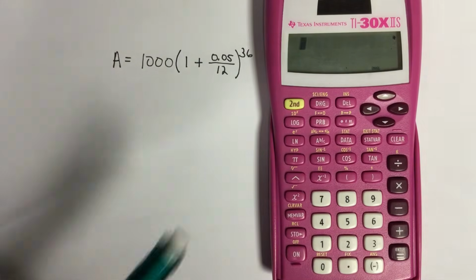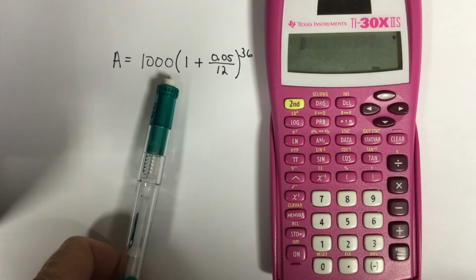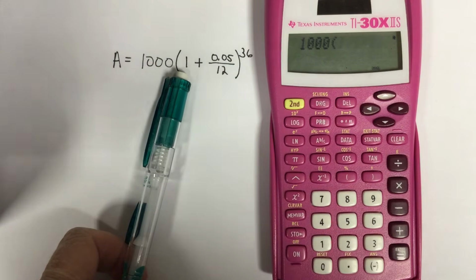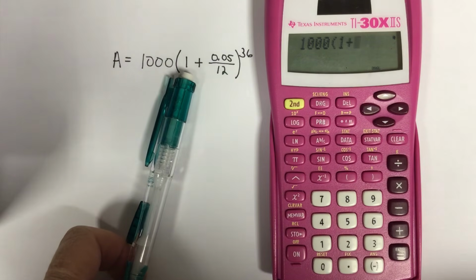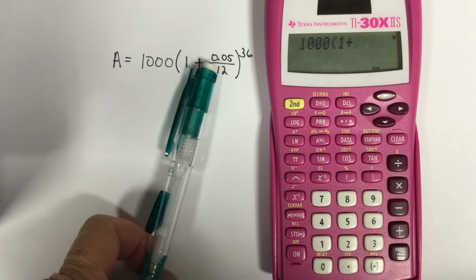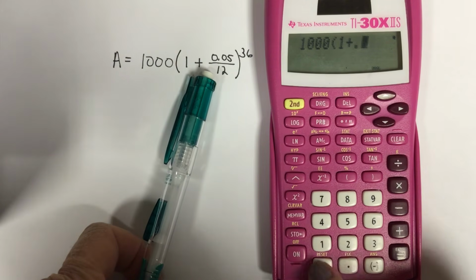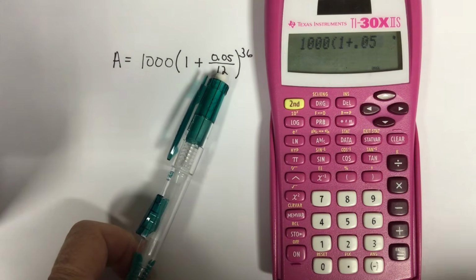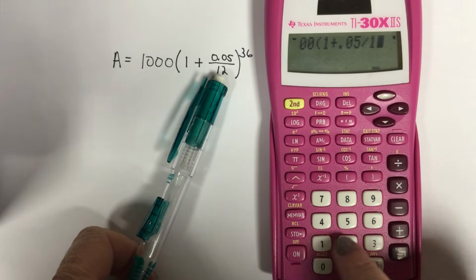Now let's enter this in the calculator. So we have A equals 1,000, so we'll go ahead and enter that, times parentheses. We don't even need the times button, just the parentheses, 1 plus 0.05. We just always enter .05, we don't actually type that leading 0, divided by 12.